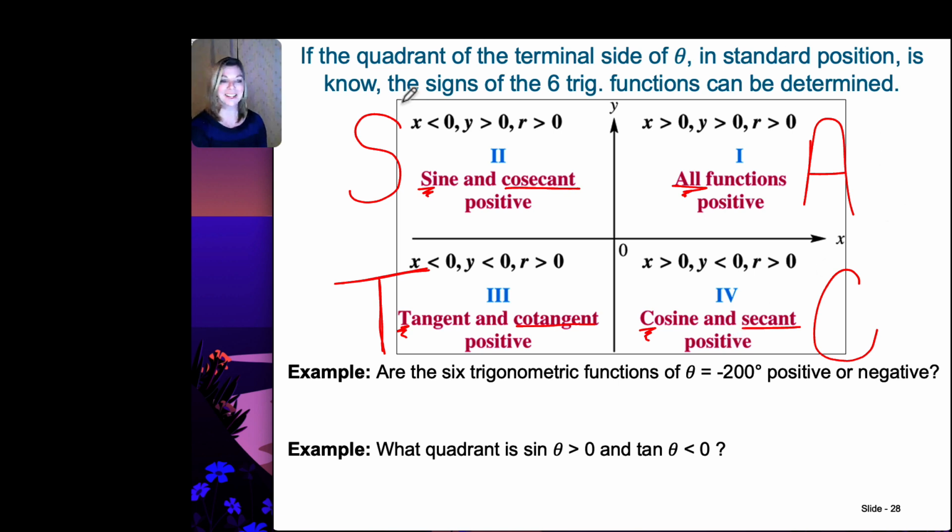Okay, so after that lengthy explanation of all students take calculus, let's see if it'll help us through these examples. Are the 6 trigonometric functions of theta equals negative 200 degrees, positive or negative? All right, well, negative 200 degrees, I'm going to sketch that angle in standard position, opens in the negative direction, okay? Don't accidentally go this way 200 degrees.